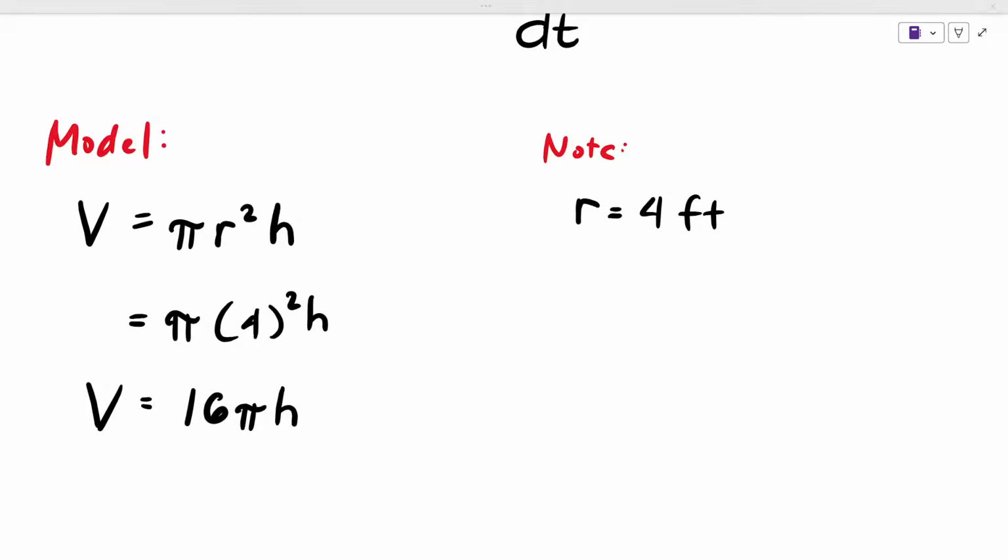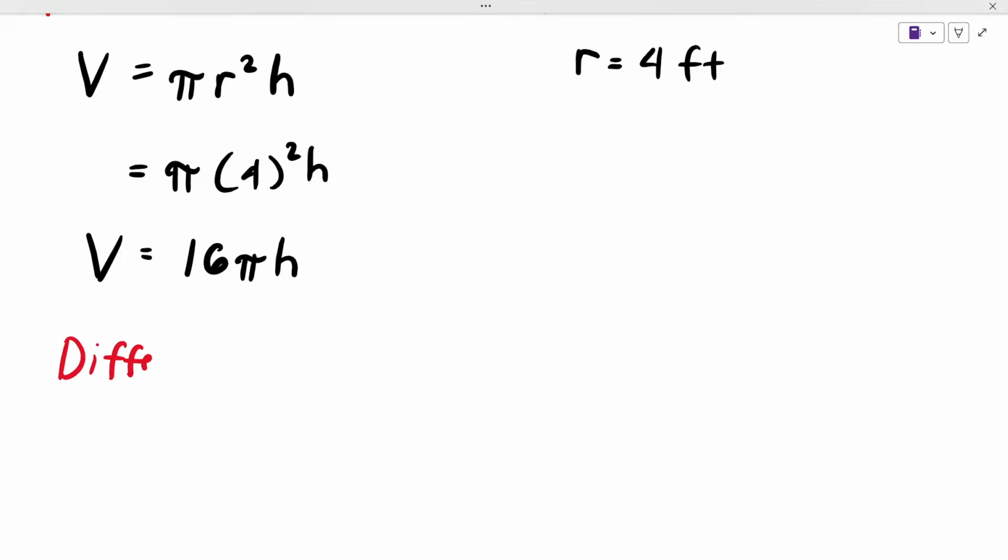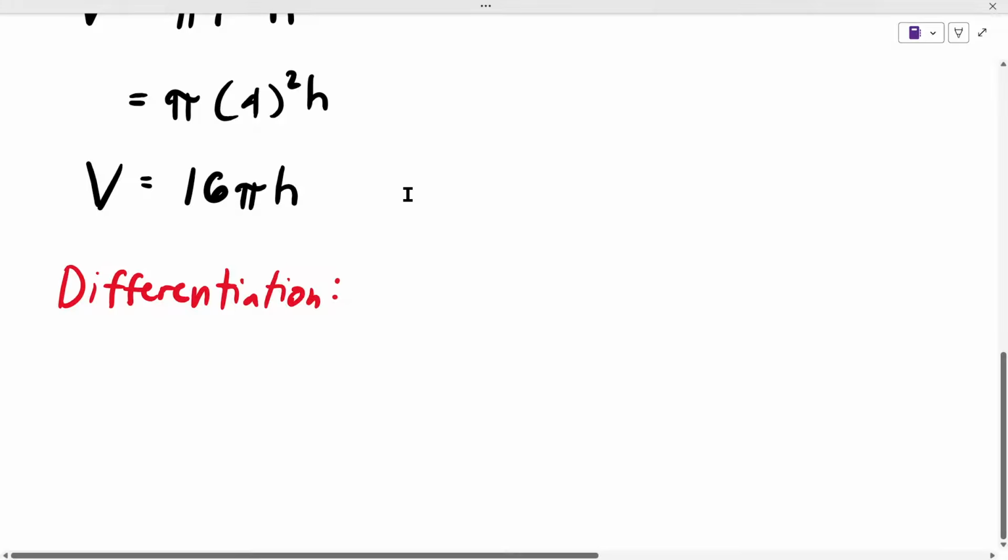Now let's proceed to step number 3, differentiating it, the calculus part. Since we're dealing with related rates, the changes of our variables with respect to time, we differentiate this.